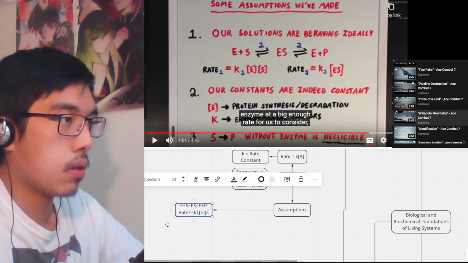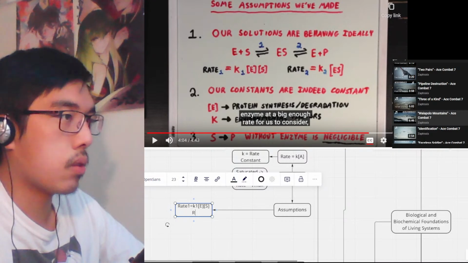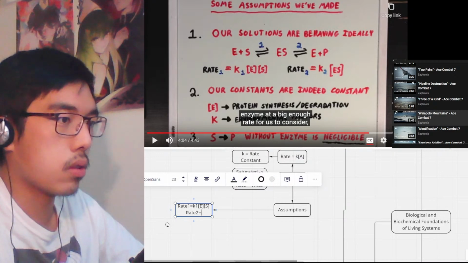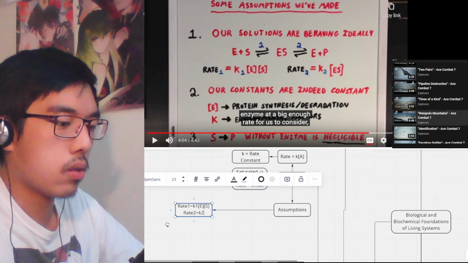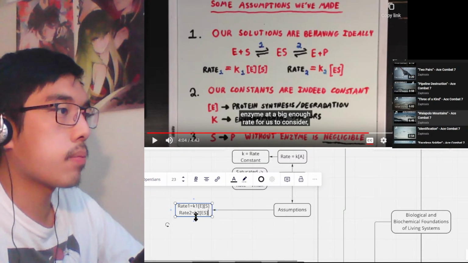Rate 2 is equal to K2 with ES within it. All right.